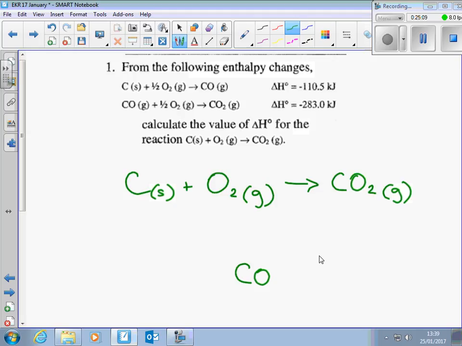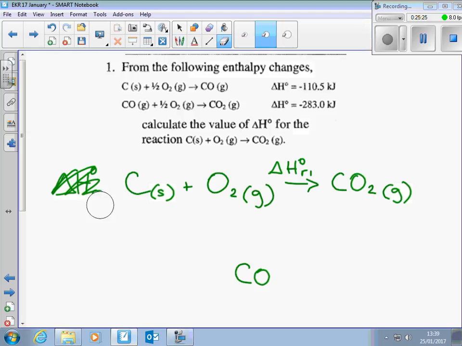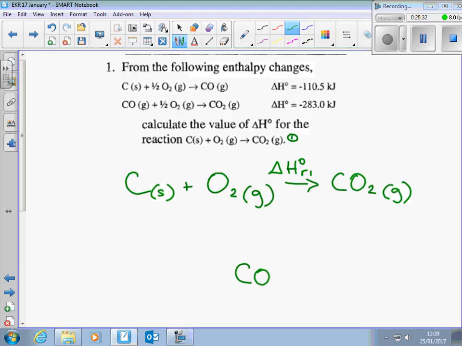This is the one that we want to work out. Okay, I should have put that over there, sorry. Let's remove it from over here, it just gets messy. What we're being given, if this is our reaction number 1, and these are 2 and 3, whether they'll fit that way around, I'm not entirely sure yet. How are we going to get reaction 2 in there? Carbon and half a mole of oxygen will make carbon monoxide.